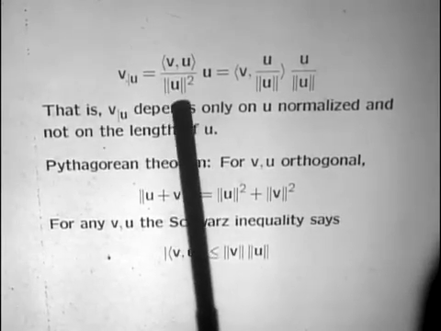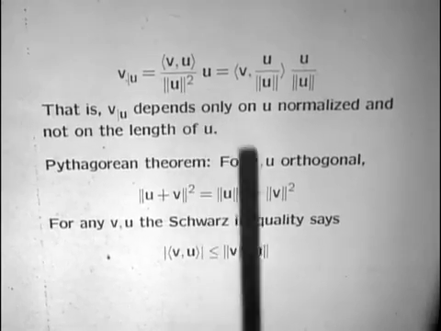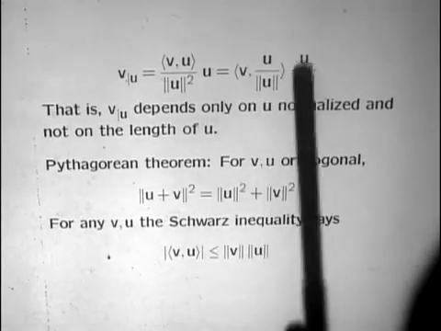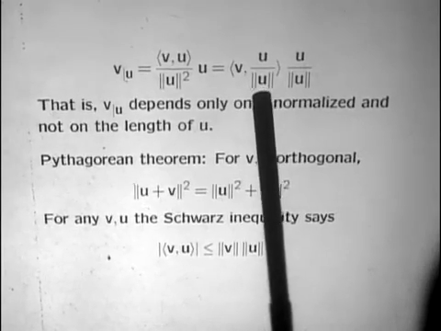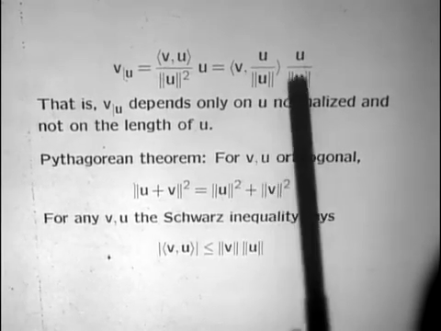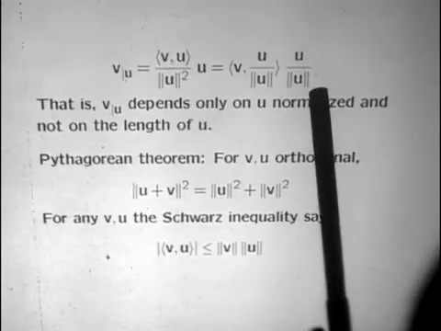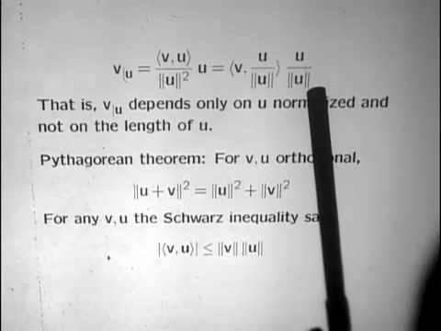Write it as the inner product of V with U divided by the length of U, times U divided by the length of U.